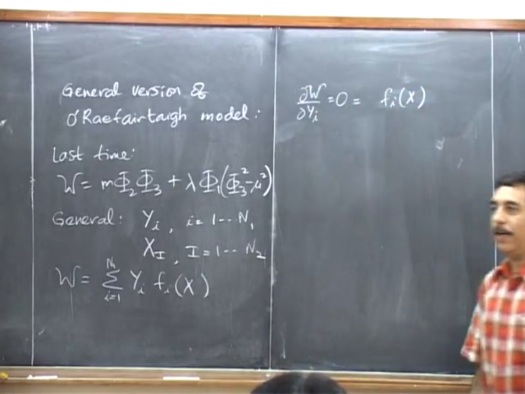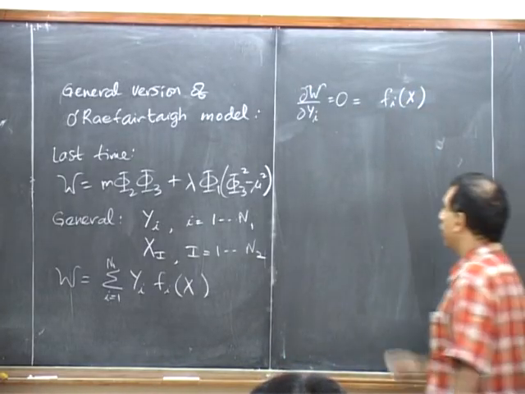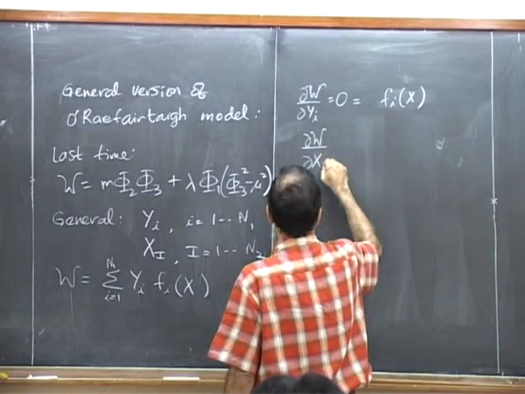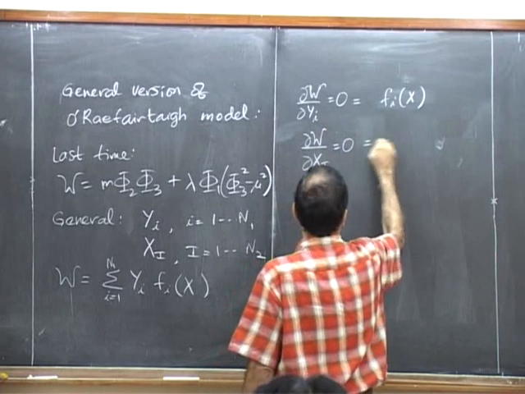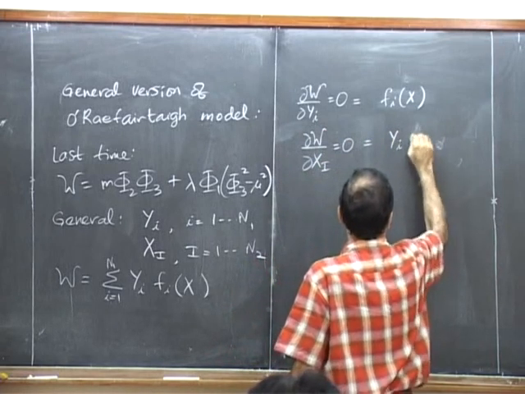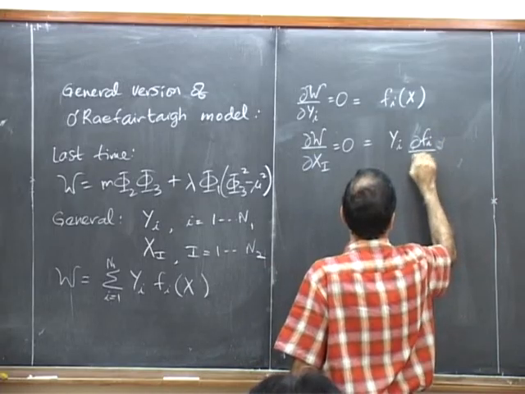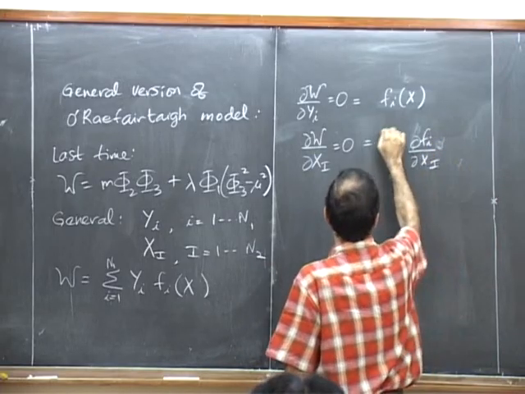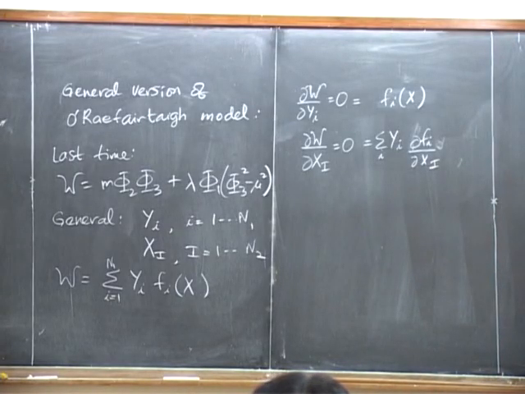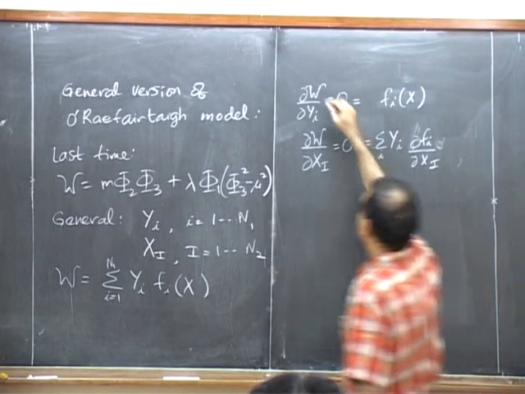So we want all the f_i of x equals 0, and we also want these to be 0, which are y_i times del f_i by del x_I. This is for unbroken SUSY.